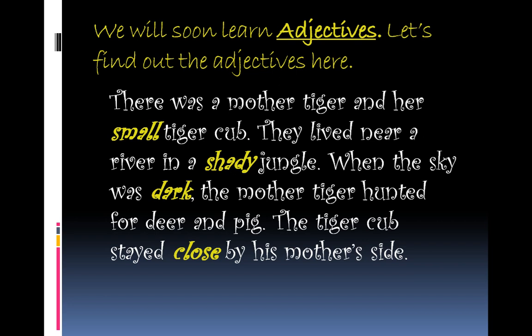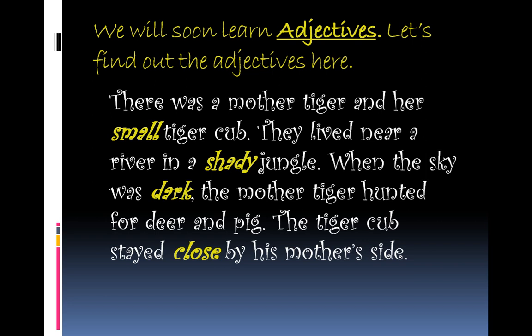Dark is also an adjective. So you need to practice more to identify the parts of speech. You cannot just think that the word sitting before a noun is always an adjective. No. Here in this case, the word sitting before the noun sky is an article, the. It can't be an adjective, right? So which word is describing sky? The word dark. So dark is an adjective.